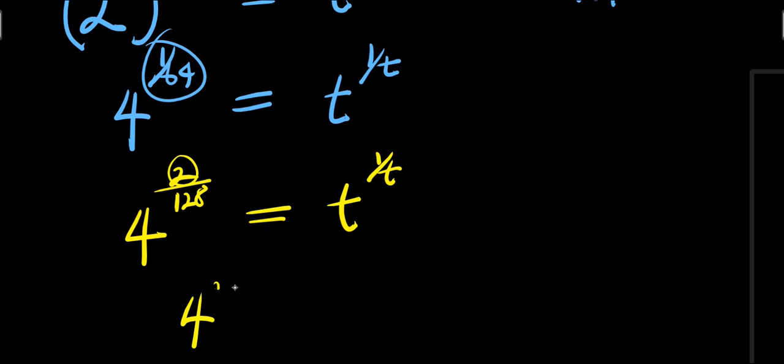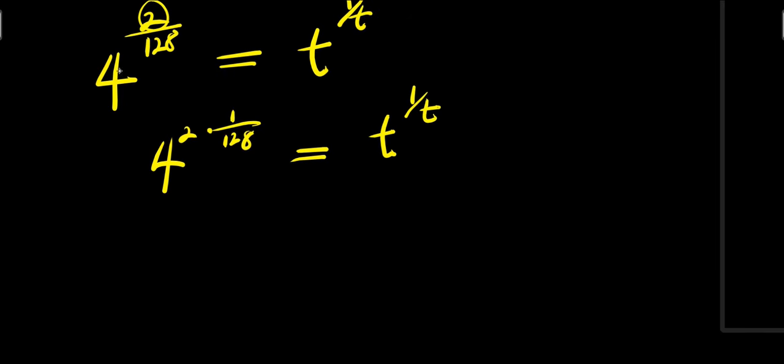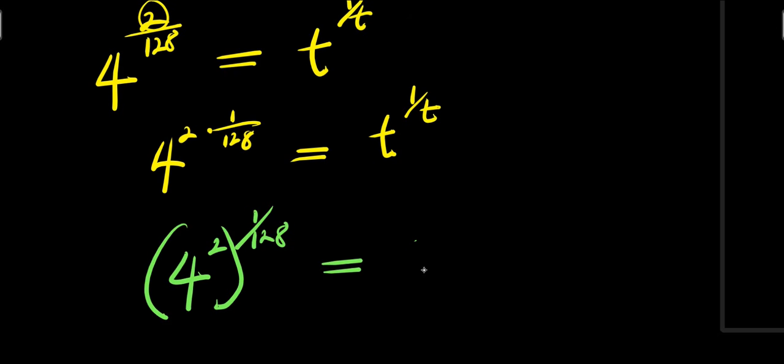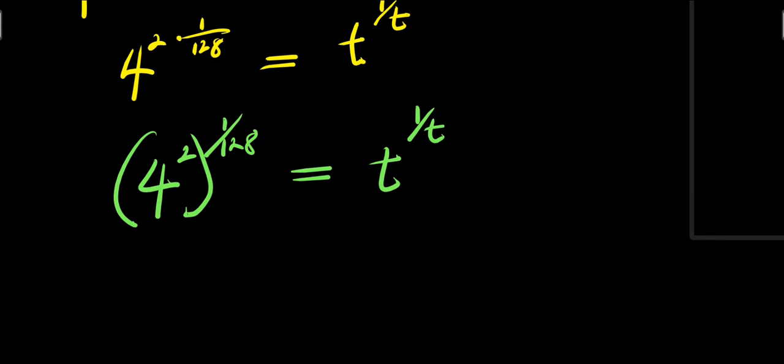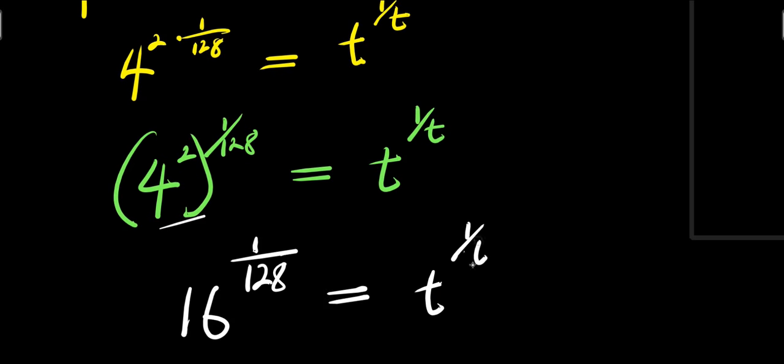I have 4 power 2 times 1 over 128 equals t power 1 over t. I have 4 power 2 raised to the power of 1 over 128 equals t power 1 over t. 4 power 2 is 16. I have 16 power 1 over 128 equals t power 1 over t.